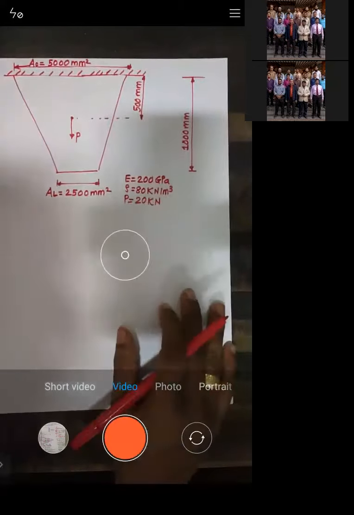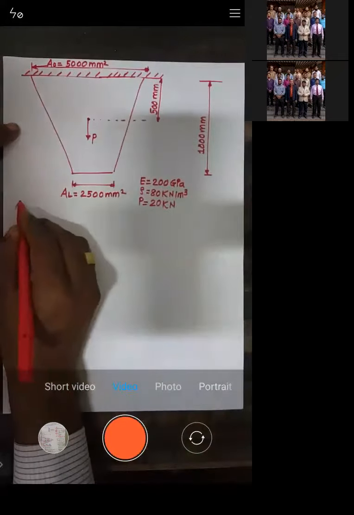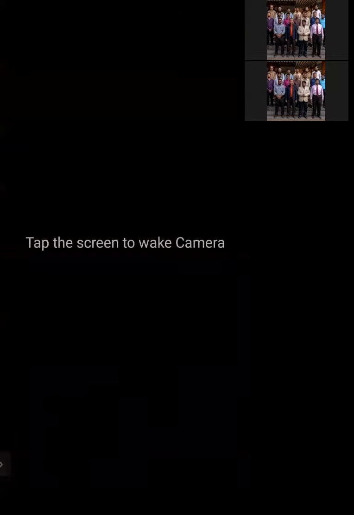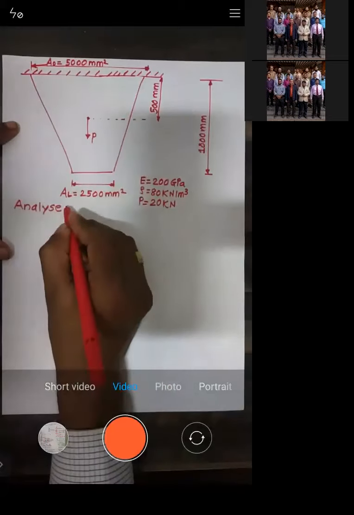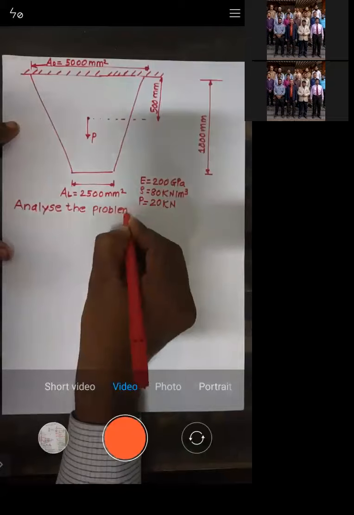They're asking to analyze the problem completely.